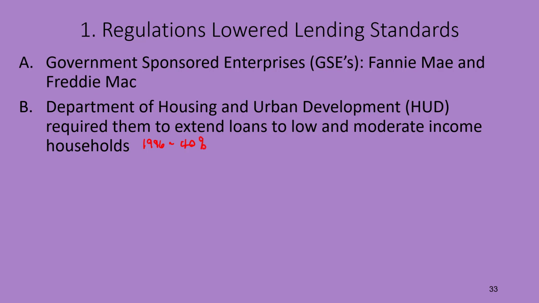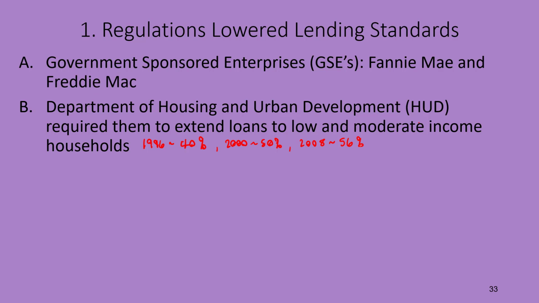And that was actually increased by the year 2000. It was 50% of your loans have to go to people below a certain income level. And then by 2008, when the crisis really began, it was up to 56% of your loans have to go to people below a certain income level. Again, an effort to help poor people get a mortgage and start establishing equity in a home.